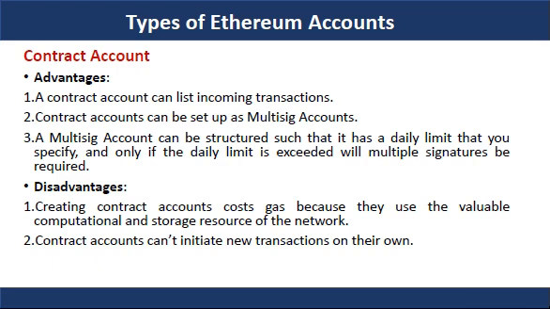Then let us look at another type of Ethereum account, which is called the contract account. So this contract account can perform all of the functions of an externally owned account, but unlike the externally owned account, they are formed when a contract code is deployed. So whenever a smart contract is deployed, this particular account is created, and they are governed by contract code, and they are accessed using a unique address.